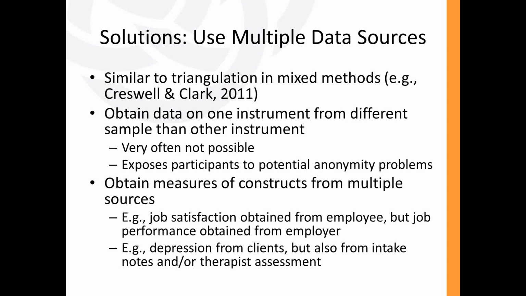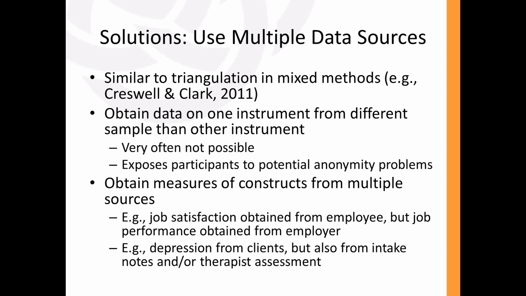You can first of all obtain data on one instrument from a different sample than the second instrument. However, this is not often possible, and it exposes participants to potential anonymity concerns. So let's say that you are, again, doing a measure of job satisfaction and job performance. You could certainly have job satisfaction come from the employees.